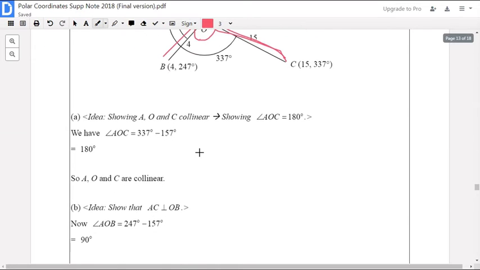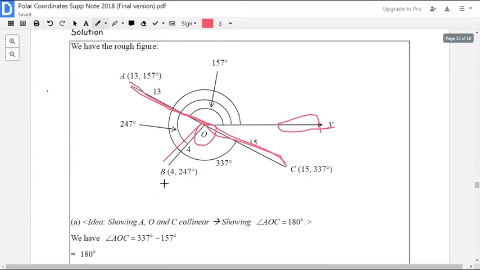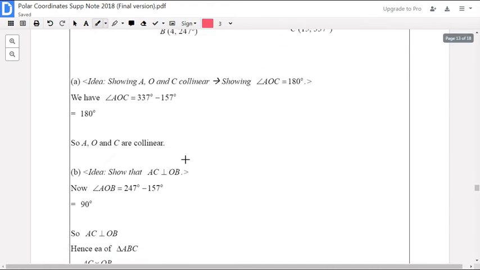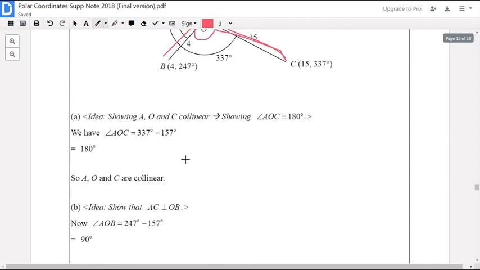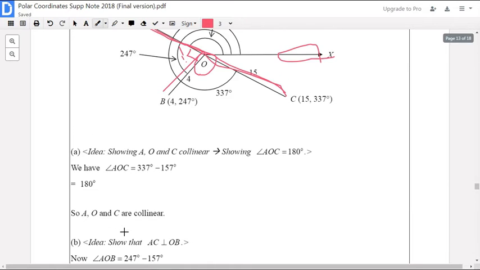Just check whether angle AOB, this angle, is of 90 degrees or not. Now, angle AOB is 247 degrees minus 157 degrees, which is, luckily, 90 degrees.